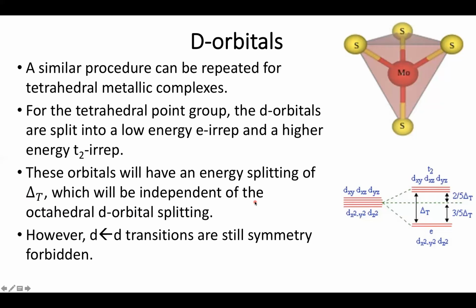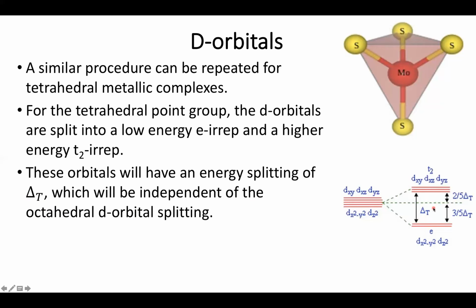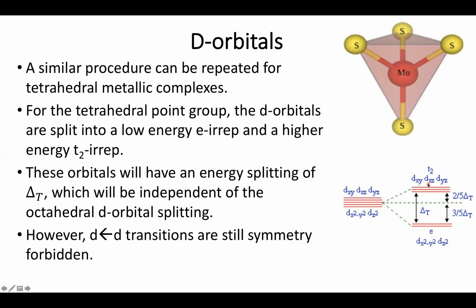And this is actually going to be independent of the octahedral splitting parameter. However, it is worth noting that they are both going to depend upon the extent of interaction of the ligands with the metal center. However, it is worth noting that in this case, despite not having gerade symmetry, if you go ahead and look up your character tables, and you try and see if it's possible to excite from E to T2, you're going to find it still doesn't work.